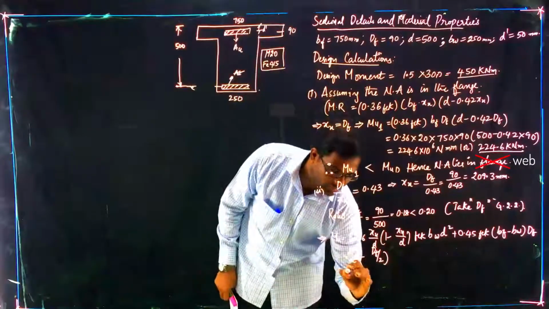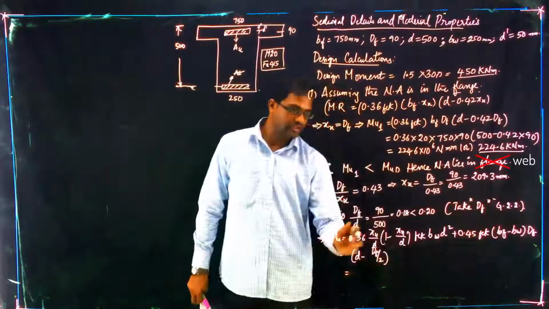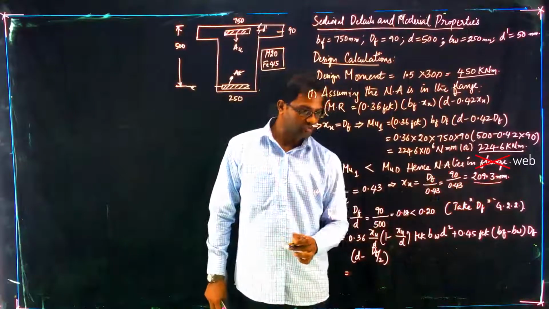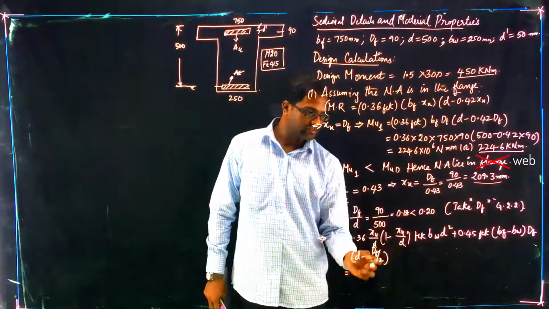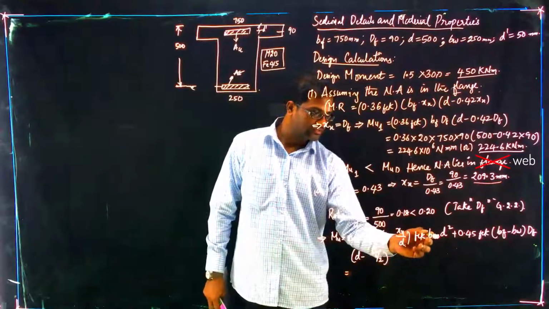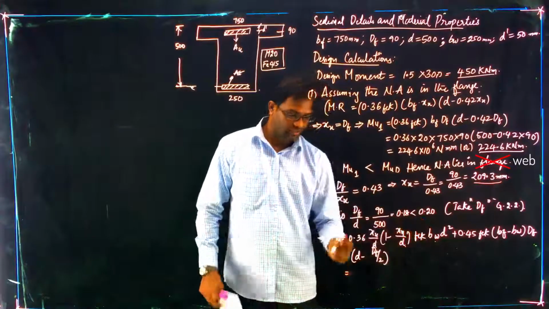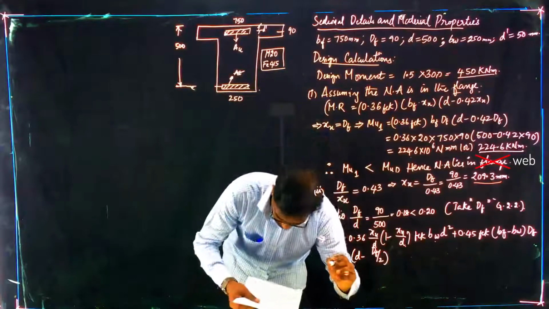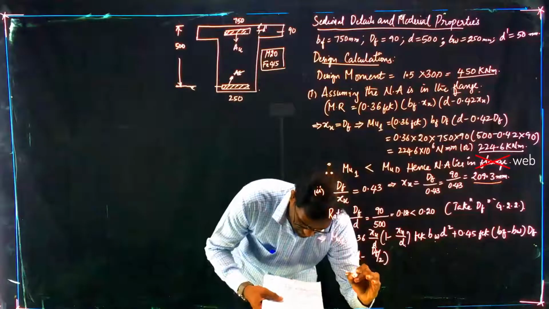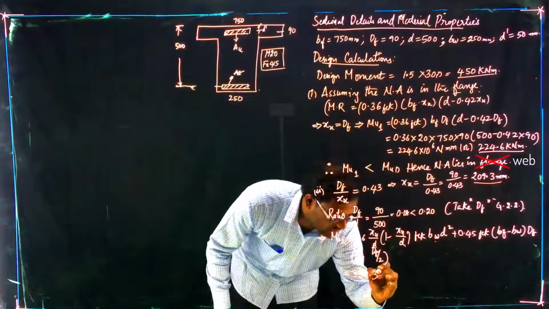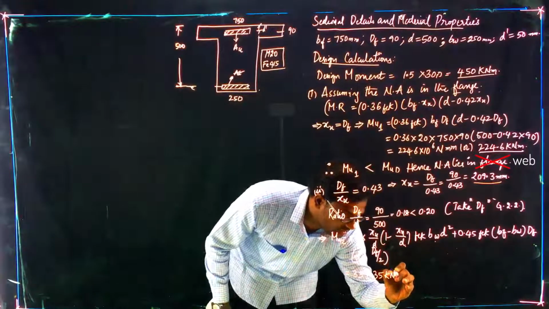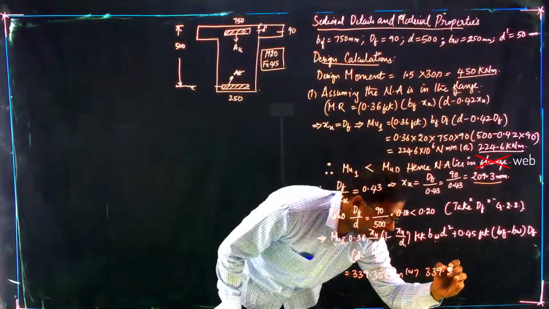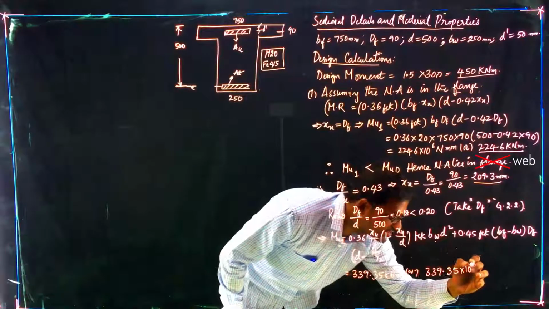So if you substitute all the values here, xu as 203 and d as 500, this is 20, this is 240, then let us take this as Mu2. Mu2 value you will get as 339.35 kilonewton meter, or 339.35 into 10 power 6.